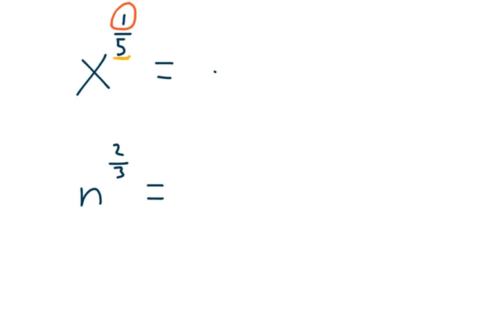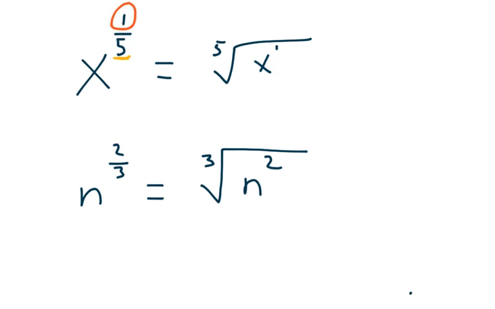The index goes up there, and you'll have x to the 1, so it'll be the 5th root of x to the 1. Let me write that a little bit better. This one, same idea. The denominator is going to become the index, so the 3 would go there, and then it would be n squared on the inside. Okay, just a quick little review.